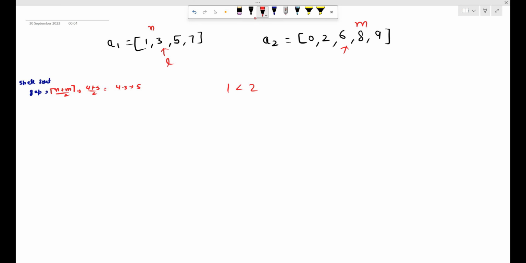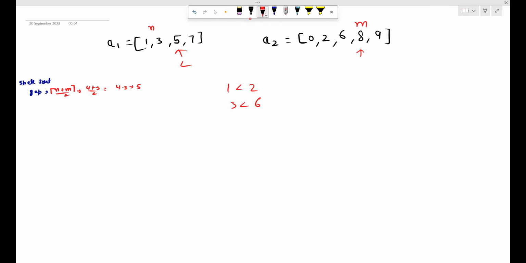Now again comparing, 3 is less than 6. Seems fine. Nothing to be done. They are at the correct place, right? Now moving both L and R again.